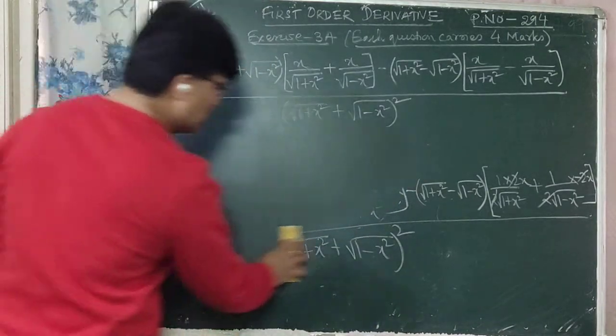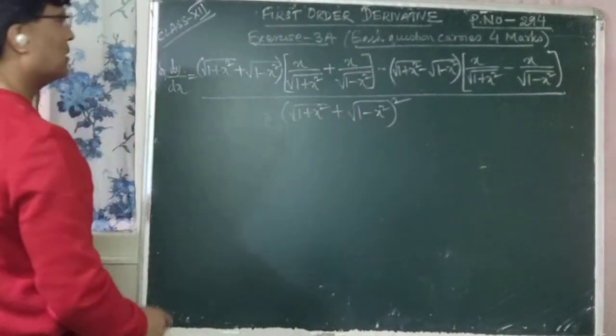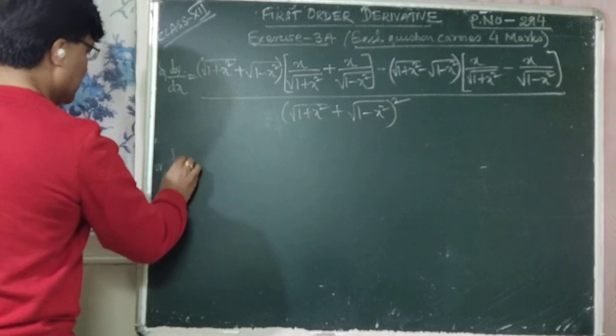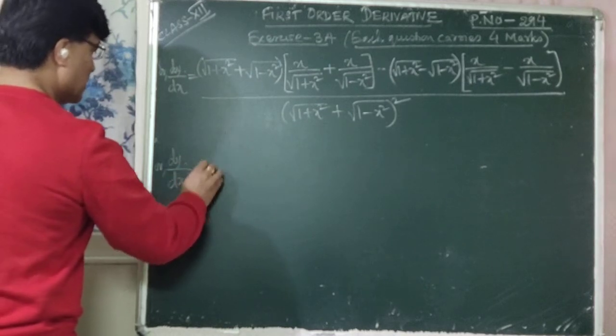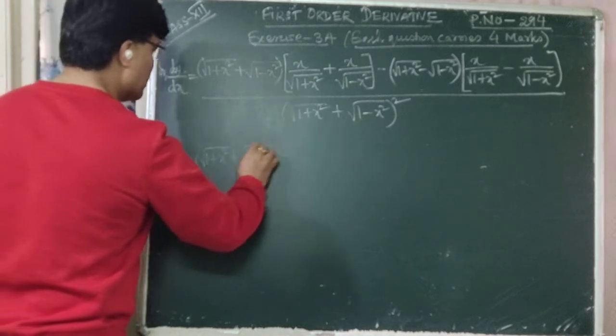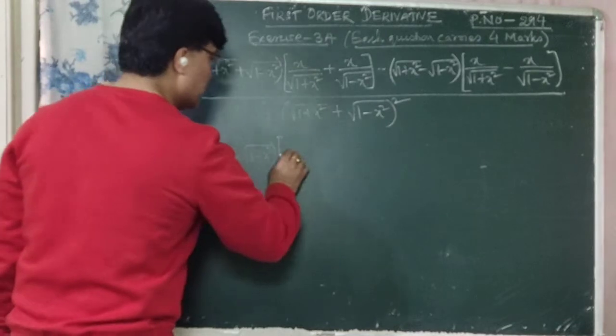So now again you have to simplify it. Again let us simplify it. So what's the LCM here? dy by dx is equal to root over 1 plus x square plus root over 1 minus x square, right? So what's the LCM here now?